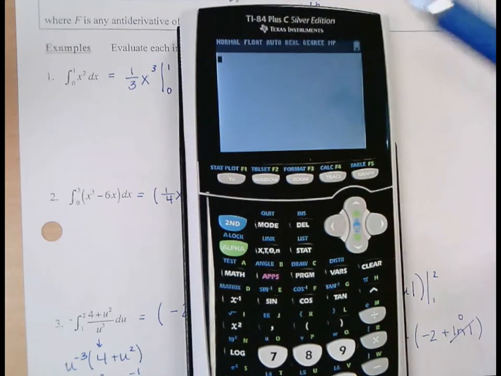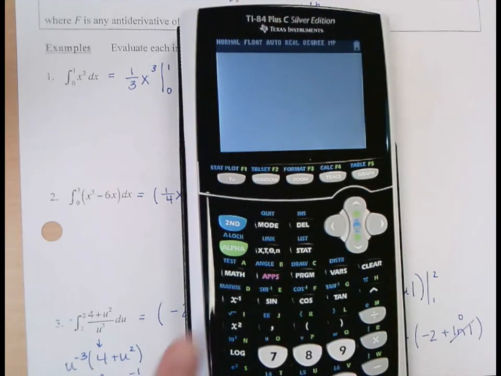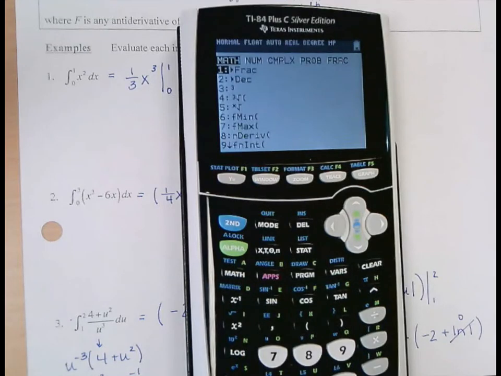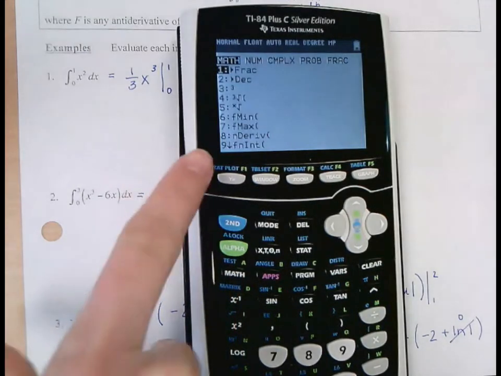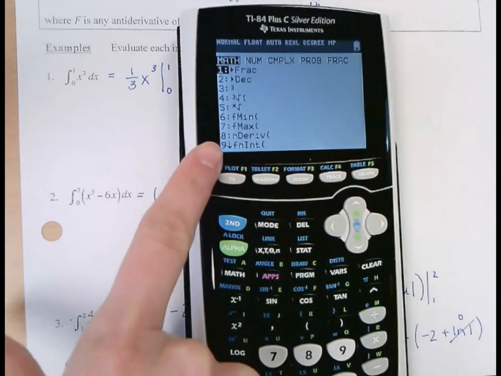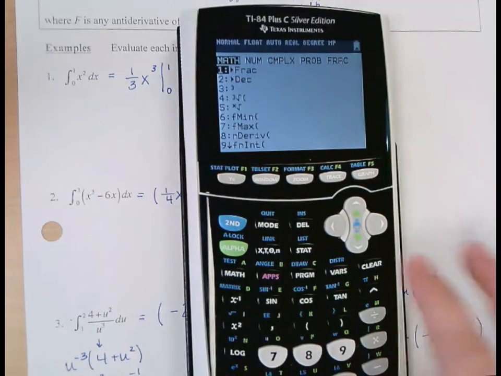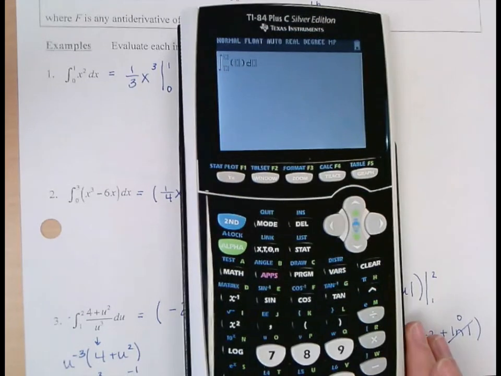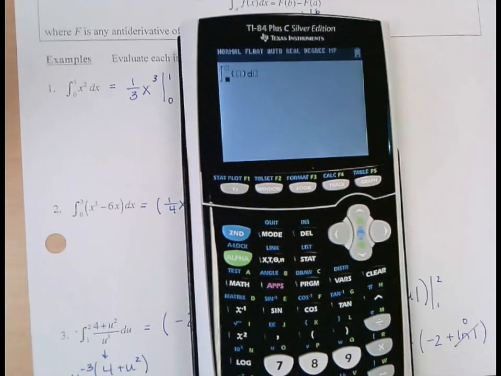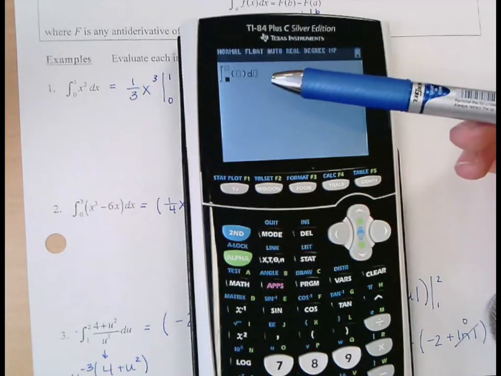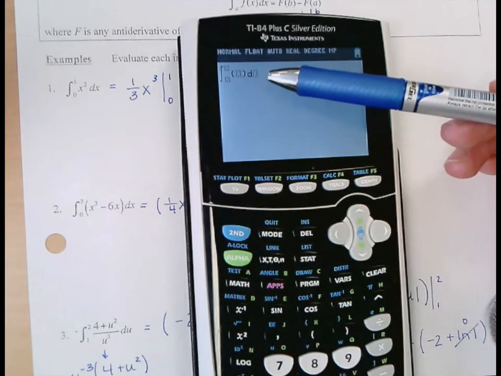It is easier on the 84s because of the math print that's already in there. So if you hit your math key, it's option 9. It should say fnInt, so it's integral. If you have an 84 or a newer calculator, this very nice notation comes up for you to just fill in.